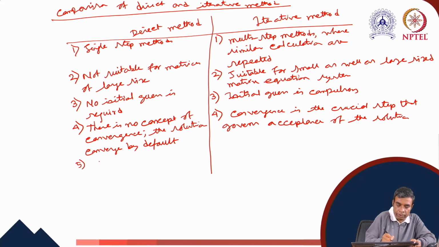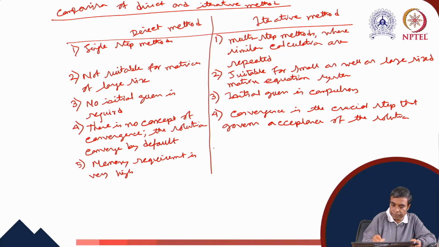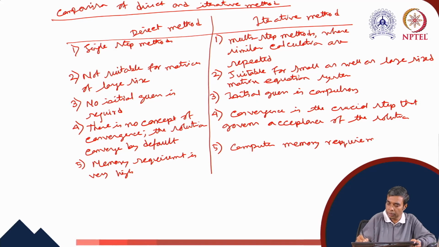In direct methods, the memory requirement for the computer is very high. In iterative methods, the computer memory requirement is smaller as compared to direct methods.